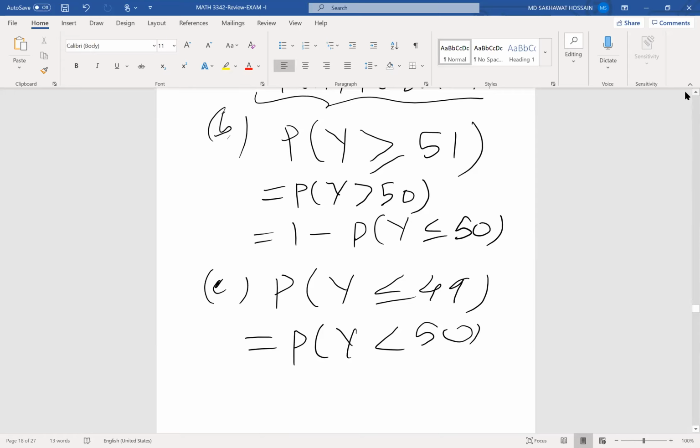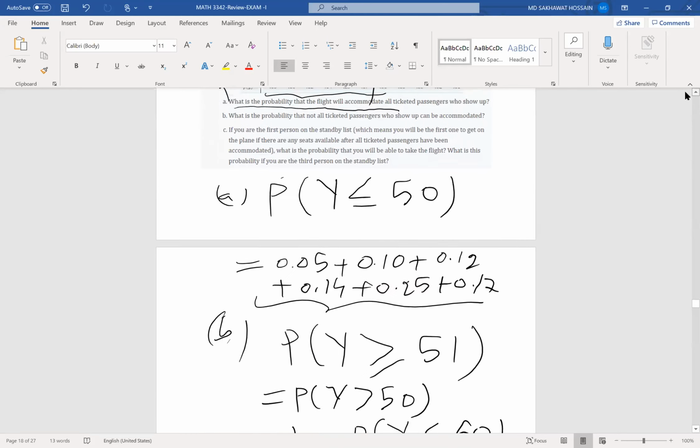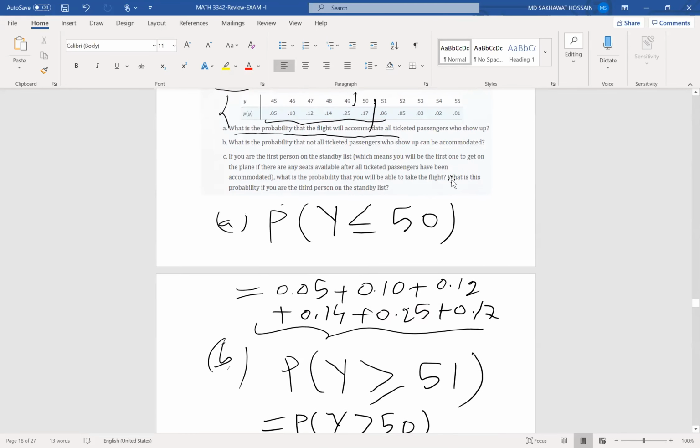And the second part of this question is, what is the probability if you are the third person? If you are the third person on the standby list, you will get on the flight as the third person only if enough ticketed passengers do not show up. If 49 passengers show up, then only one person can get on the flight, so you do not have any chance.